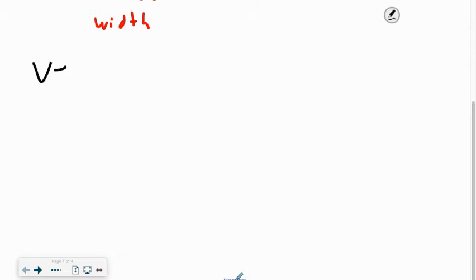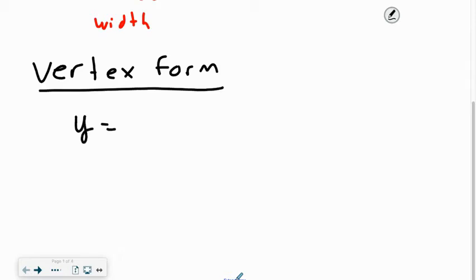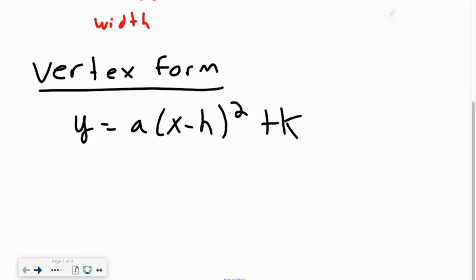Vertex form. Y equals a times (x minus h) squared plus k. A tells you the same things as before. H is your x-coordinate for the axis of symmetry, and it is the x-coordinate for the vertex as well.